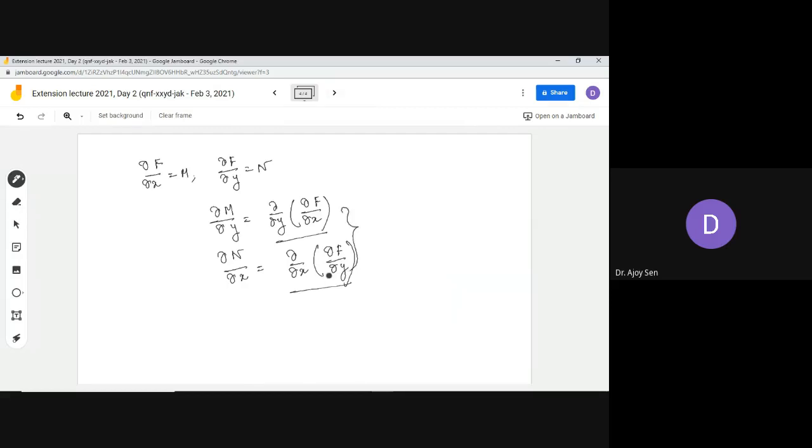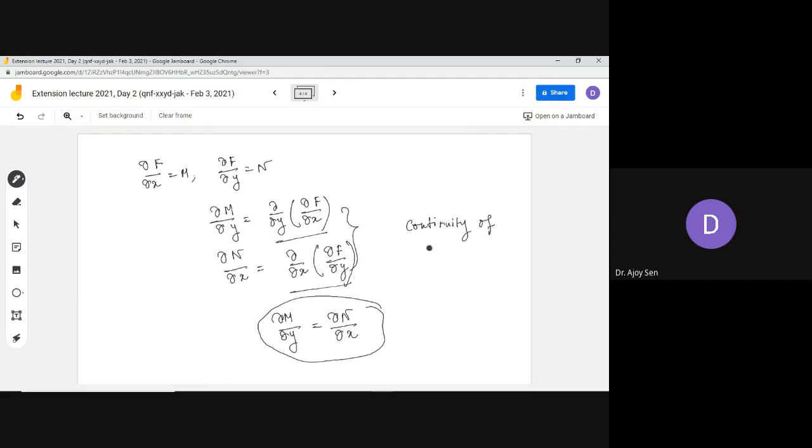This becomes the condition for exactness of a differential equation.